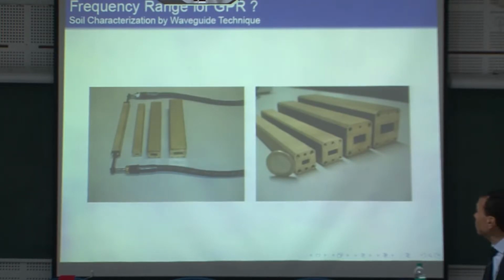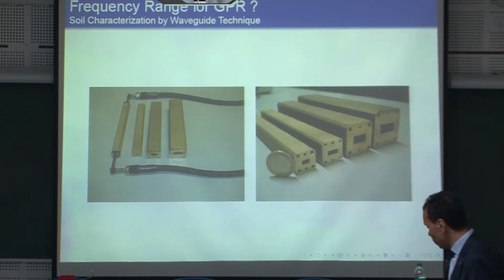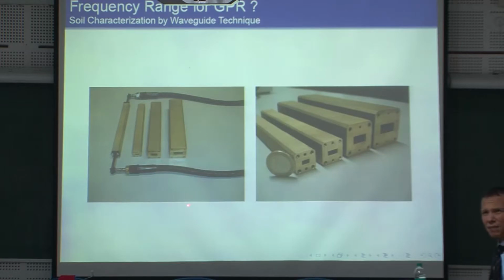Now come to the frequency range which we used. For those of you who worked with the waveguides, this is X band from 8.5 to 12.4. This is Ku band, I think from 12 something to 18. This is K band, around 26.